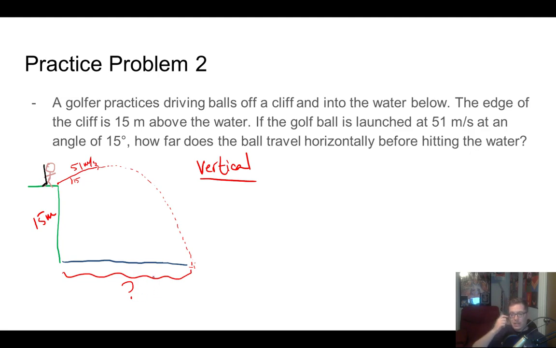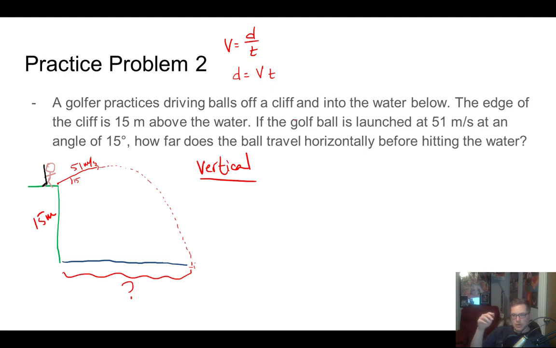So we need to know several things. We know that velocity is equal to distance over time. If we want to know distance, then we need to know the other two parts, time and velocity. We can rearrange this, multiply both sides by time, and see that distance is equal to velocity times time. So if we can find the velocity in the x direction and the amount of time it was in the air, then we're golden.